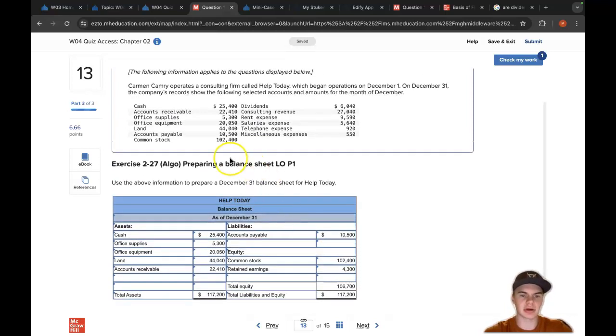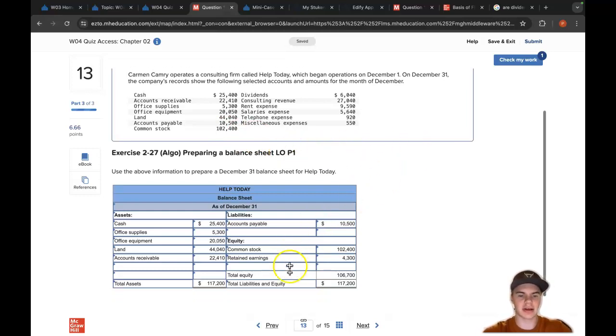So look up here and let's see what equity we have. The first obvious one is common stock. That one's 102,400. And then, like I said on question 12, you wanted to remember the retained earnings figure. For the retained earnings, that was 4,300.